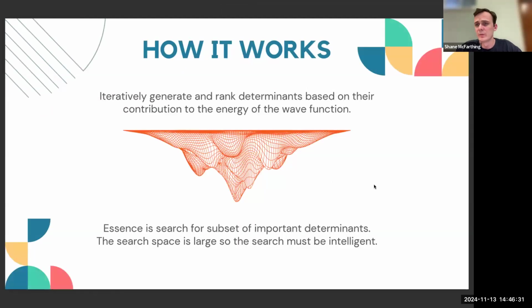What we then do is perform a diagonalization of that reduced matrix, and that outputs the solutions from the SCI, the solutions to the Schrödinger equation for that subspace Hamiltonian.